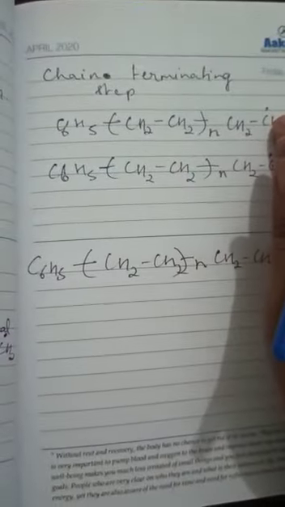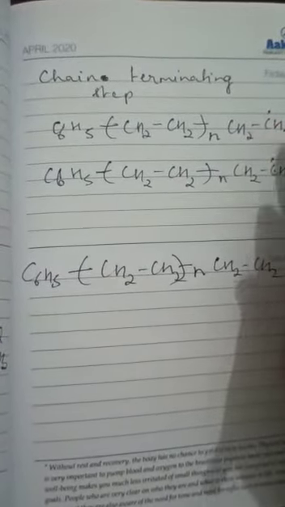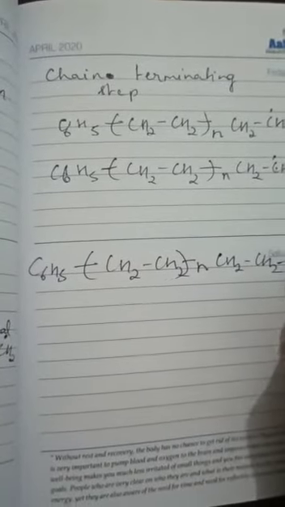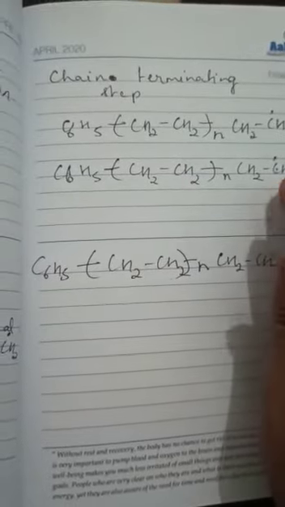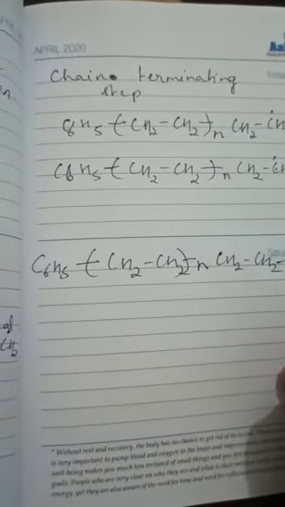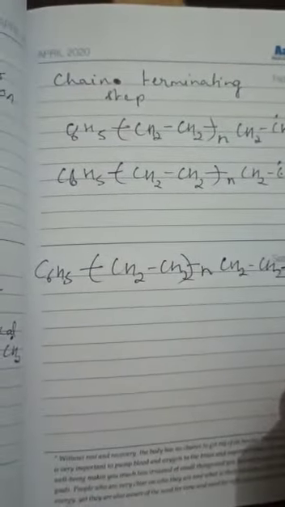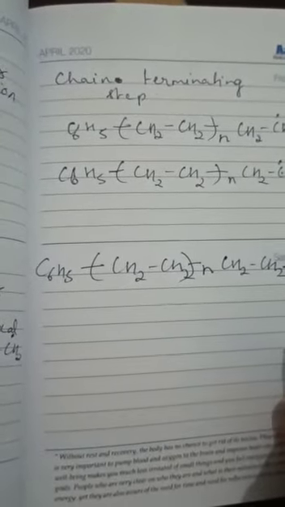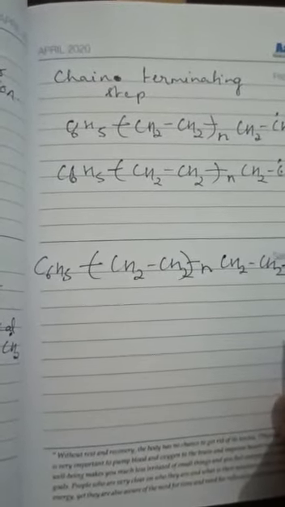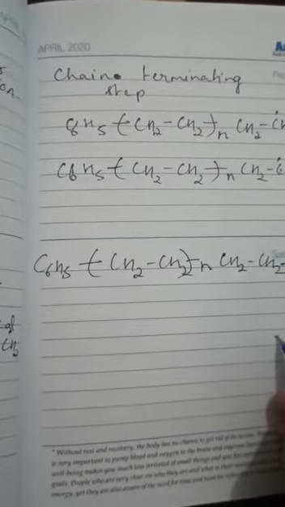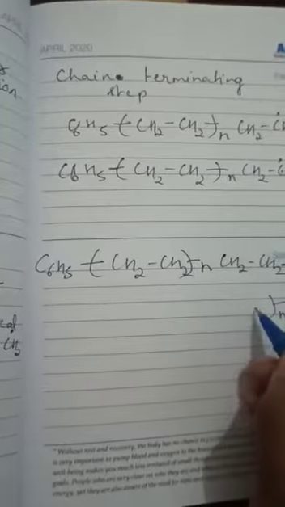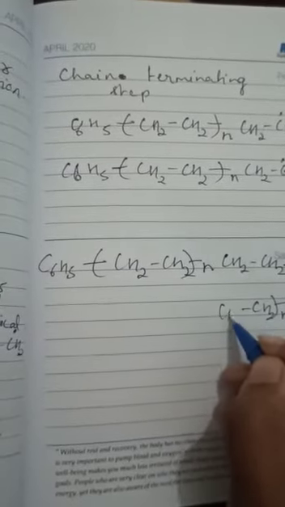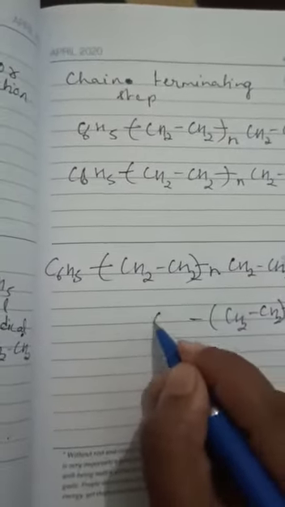Now this will add to this one, from here we start CH2CH2, and then CH2CH2 and C6H5.